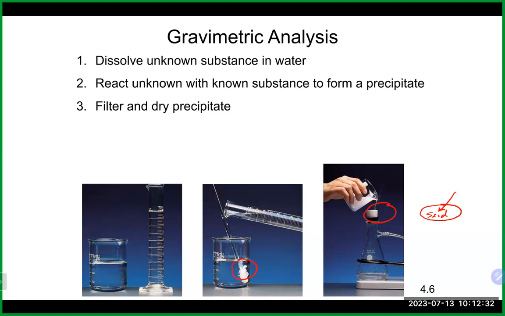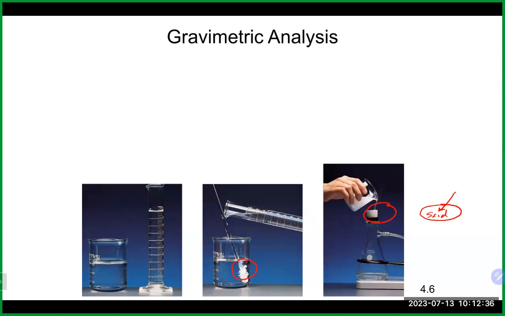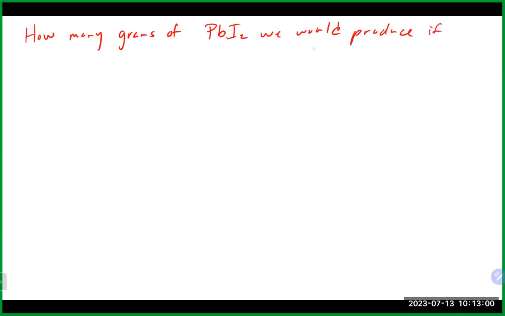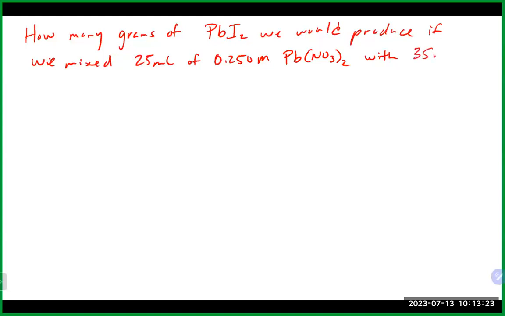So for example, let's say we want to know how many grams of lead II iodide we would produce if we mixed 25 milliliters of 0.25 molar lead II nitrate with, we'll go with, 35 milliliters of potassium iodide.